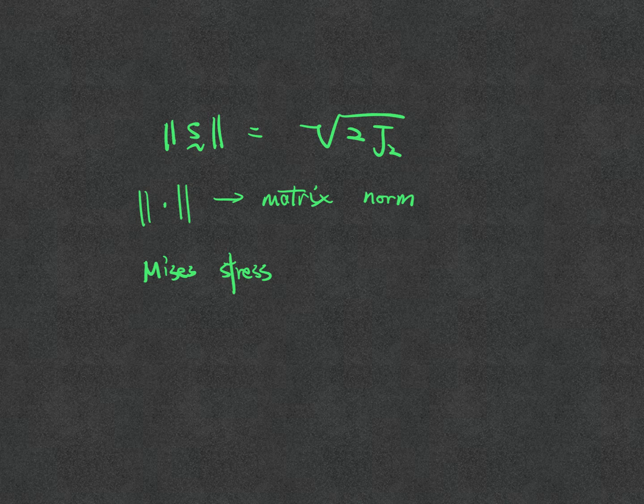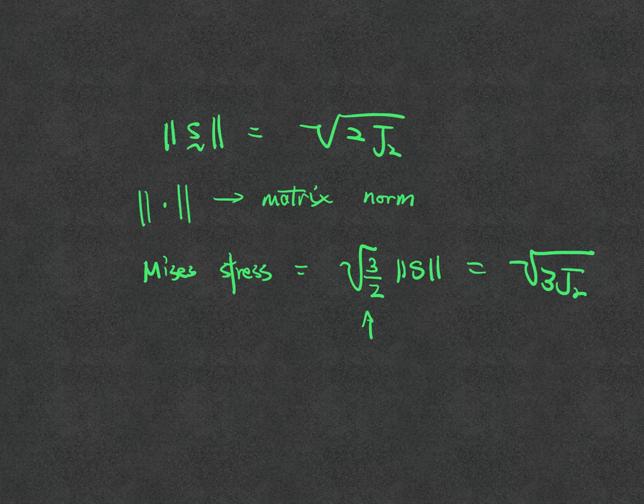So Mises stress comes from von Mises, and what it equals is simply the square root of 3 divided by 2 times the matrix norm of S, which is actually equal to the square root of 3 times J2. Okay, if we remember what we talked about in the last lecture, this is actually called the distortion factor.